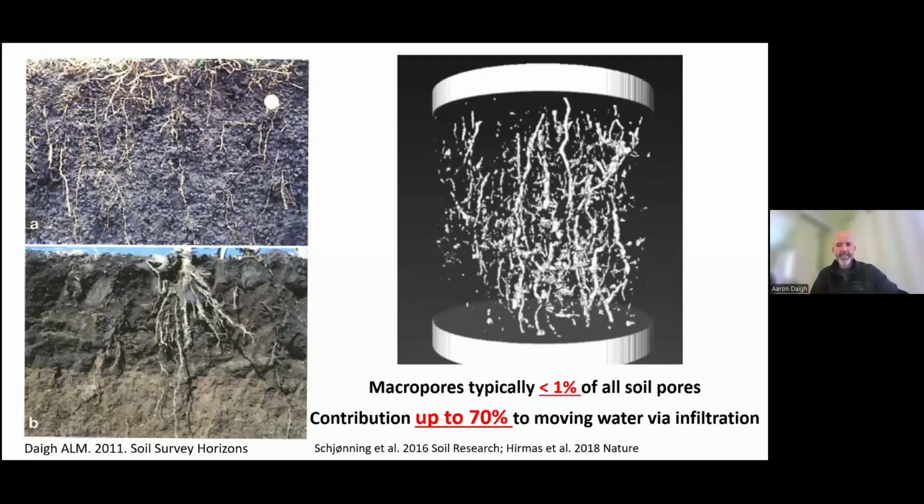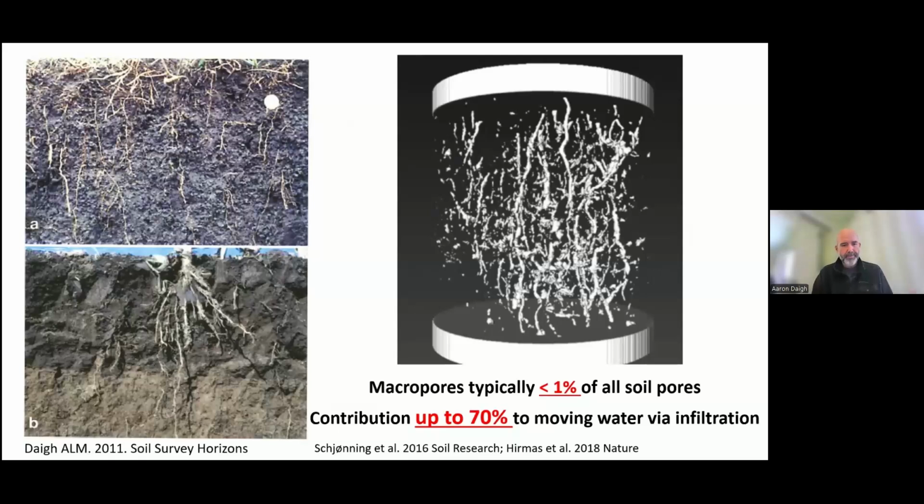Think about this in soils. You look at a CT scan here, like what a doctor does, where they try to look inside you without taking you apart. When we look inside the soil, these white areas are macropores. These are root channels, earthworm tunnels, things like that. The black area around is where the minerals or more massive chunks of soil are. These macropores in white typically make up less than 1% of all the soil pores that exist.